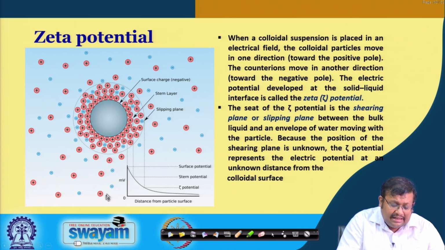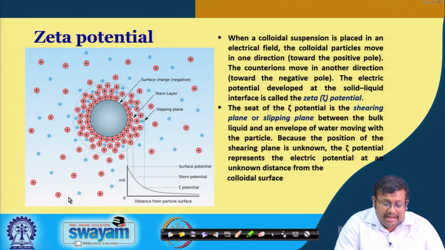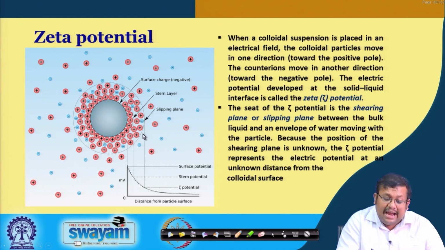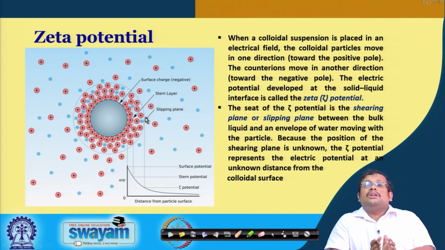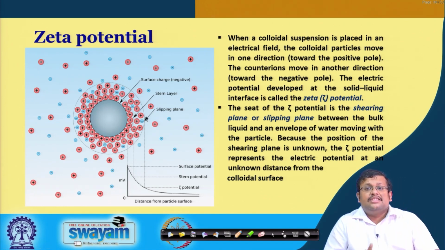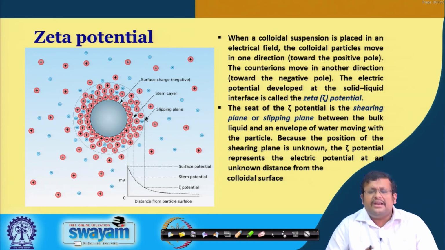After that you will see the diffuse layer where these positively charged ions are diffused. Now, the junction between this water hull surrounding the Stern layer and other adjacent positively charged counter ions is called the slipping plane, and the electrical potential which is generated at this slipping plane is known as the zeta potential. It is very important.